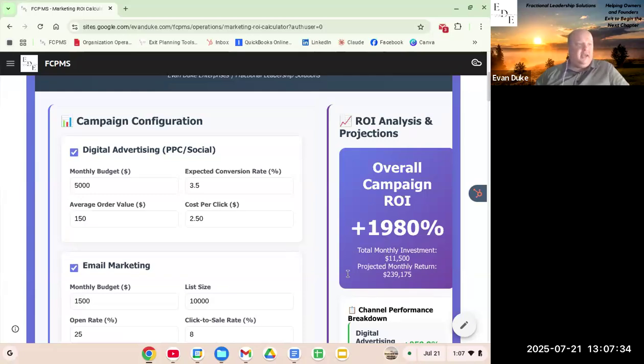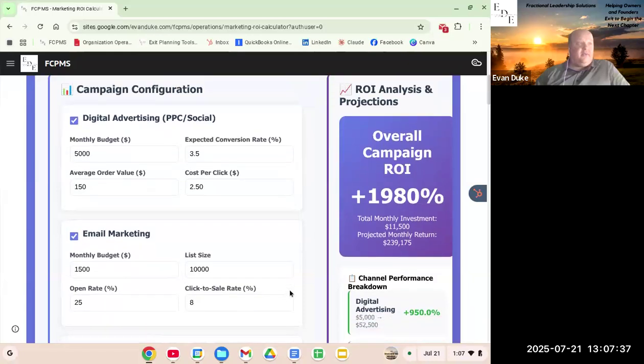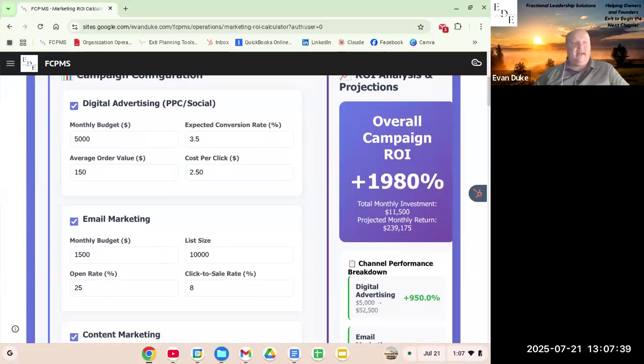As you can see, with this campaign you might look at the investment of $11,500 and think, okay, that's a lot of money, but with this projected monthly return of almost $250,000, that's definitely money that is very well spent.